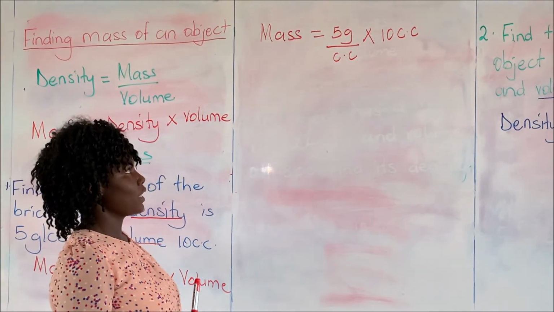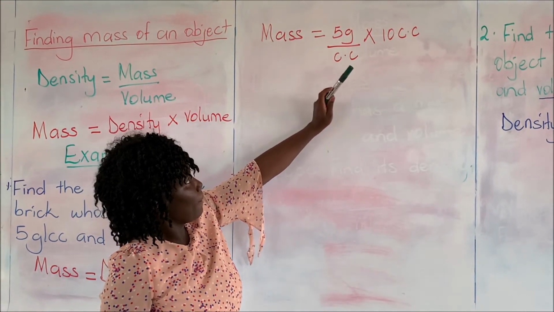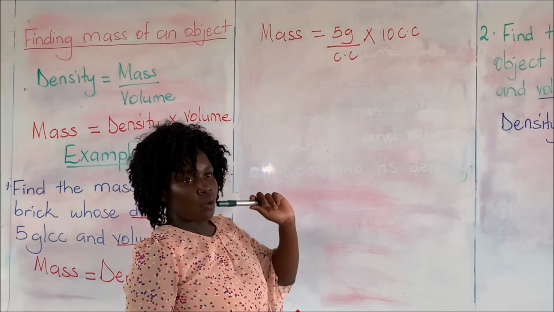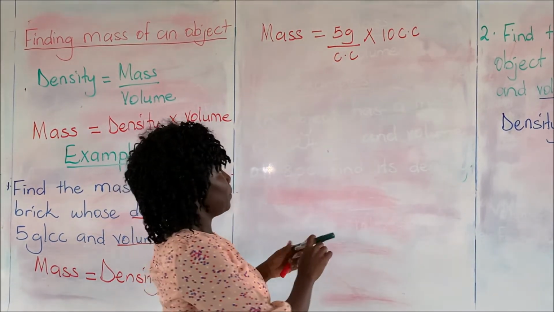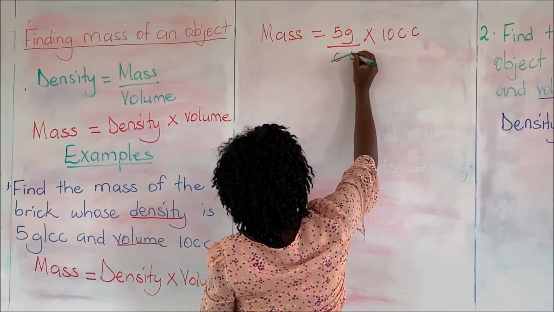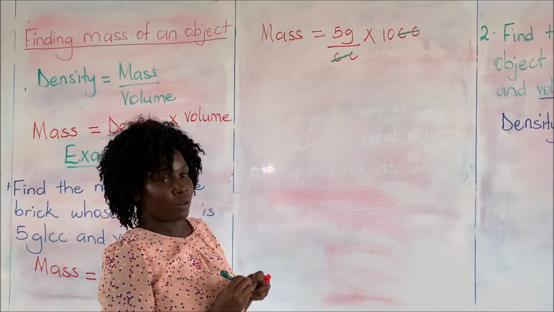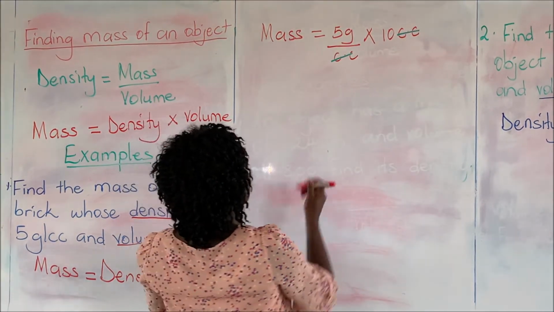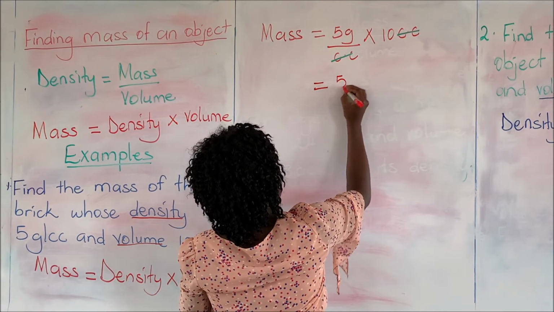Now, have a look at that step, because we want to see what are the units for mass. 5 grams per cubic centimeter, then times 10 cubic centimeter. What are the common units? That is cubic centimeter. So this cubic centimeter will cancel with this cubic centimeter. What units are we remaining with? Grams. So our next step will be equal to 5 times 10, we get 50.